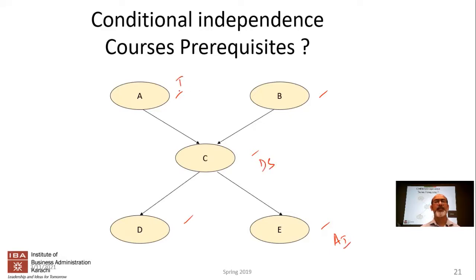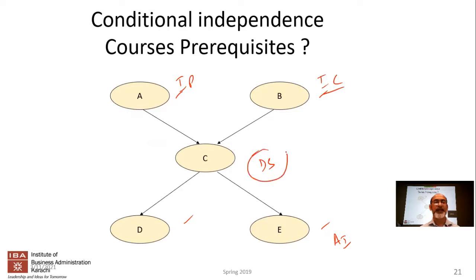And let's say this is introduction to programming and introduction to computing. Data structures may require that you pass IP and IC. You can't take data structures unless you actually pass A and B. But intro to AI only has data structures as its prerequisite. Let's assume that.